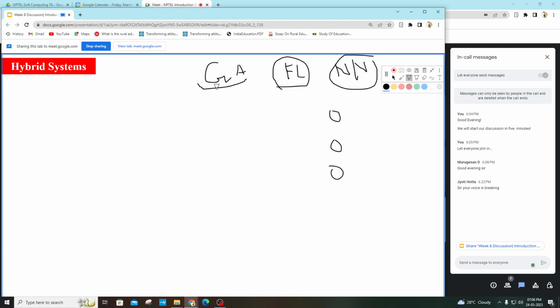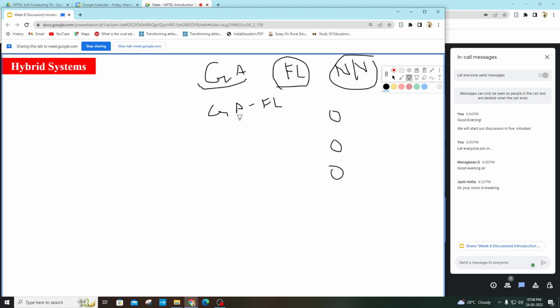To counter this, what the scientists have done is that they have made hybrid systems. A hybrid system is where you try to combine two things, or combine three things, like GAFL, combining two things to counter the disadvantage of one another.